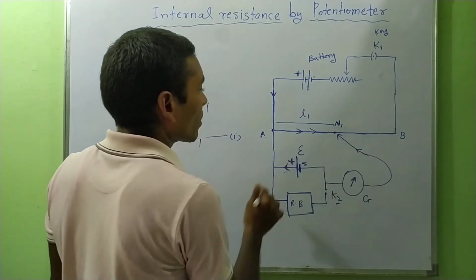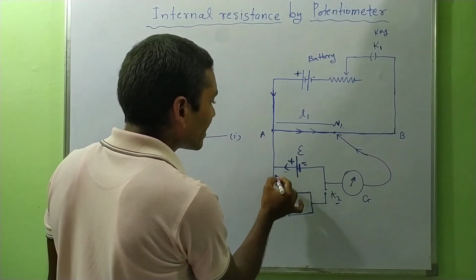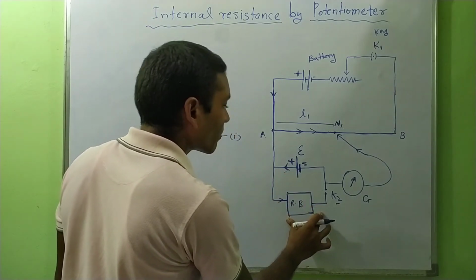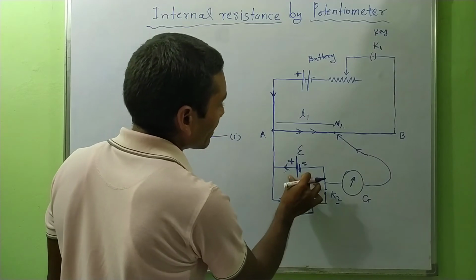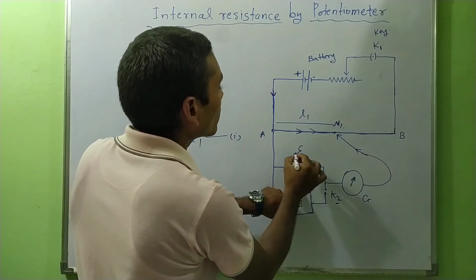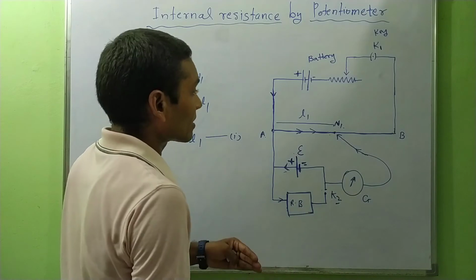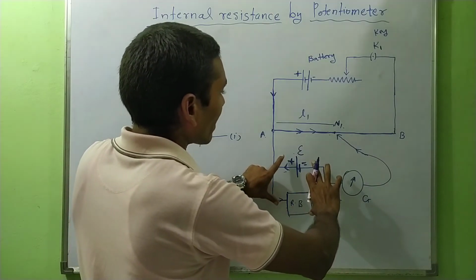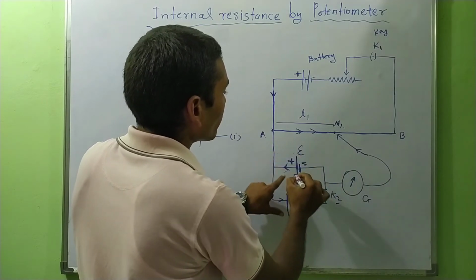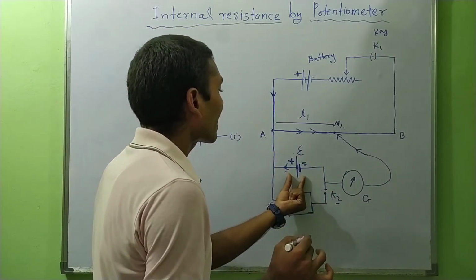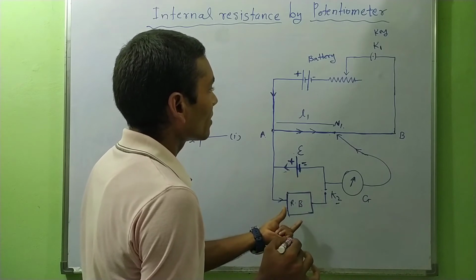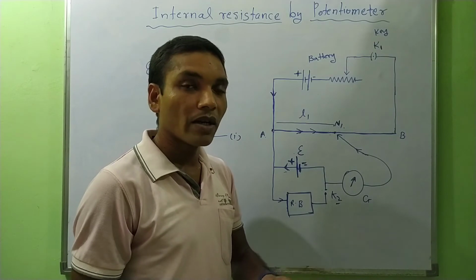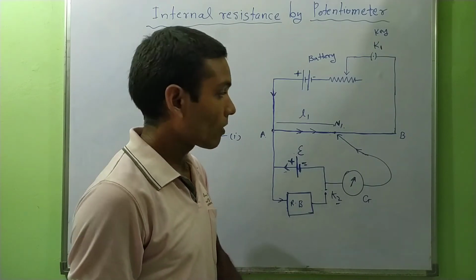Because current is now drawn from this cell through the resistance box, the potential difference between the two terminals will decrease.